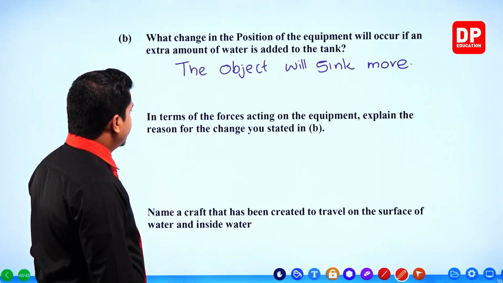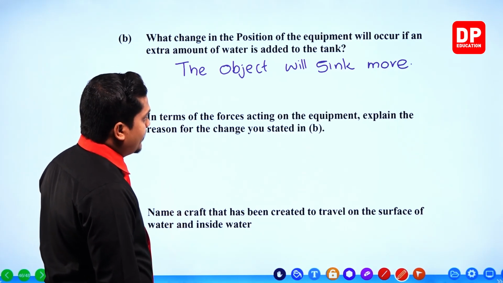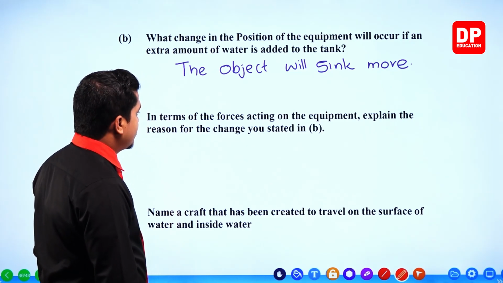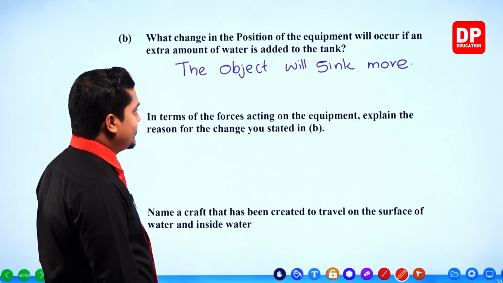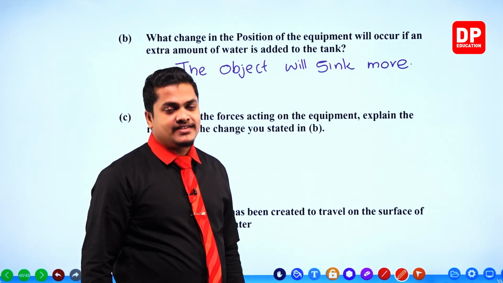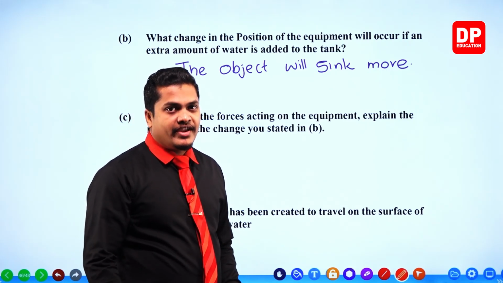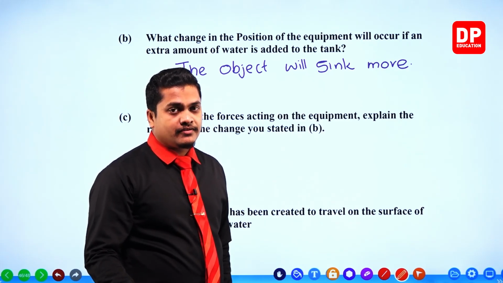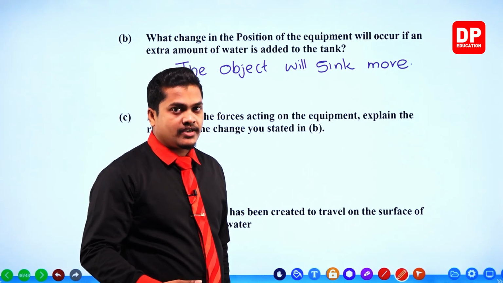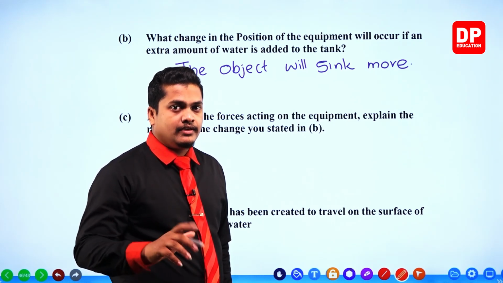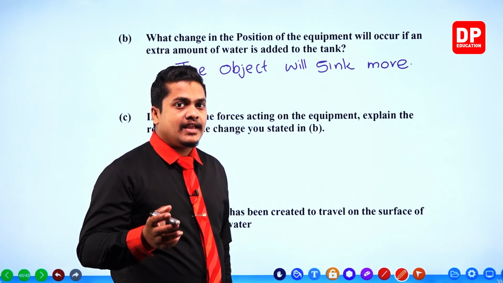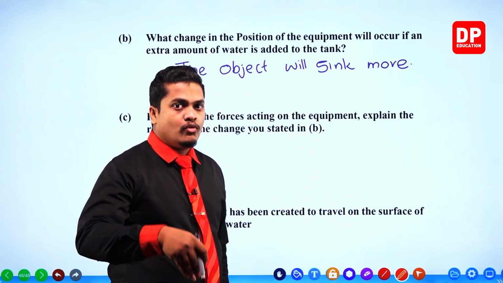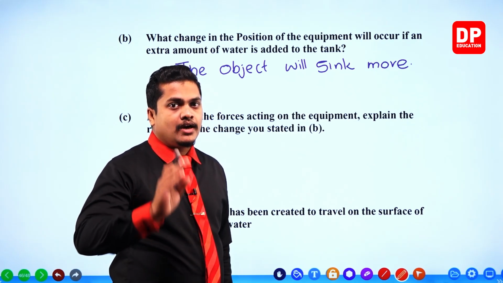Right, next one. In terms of the forces acting on the equipment, explain the reason for the change which you mentioned in B. So like I said, my dear children, here the weight of the object is getting increased, and because of that the object is sinking more in the water, because when the weight is increased than the upthrust, more downward force is applied than upward force.